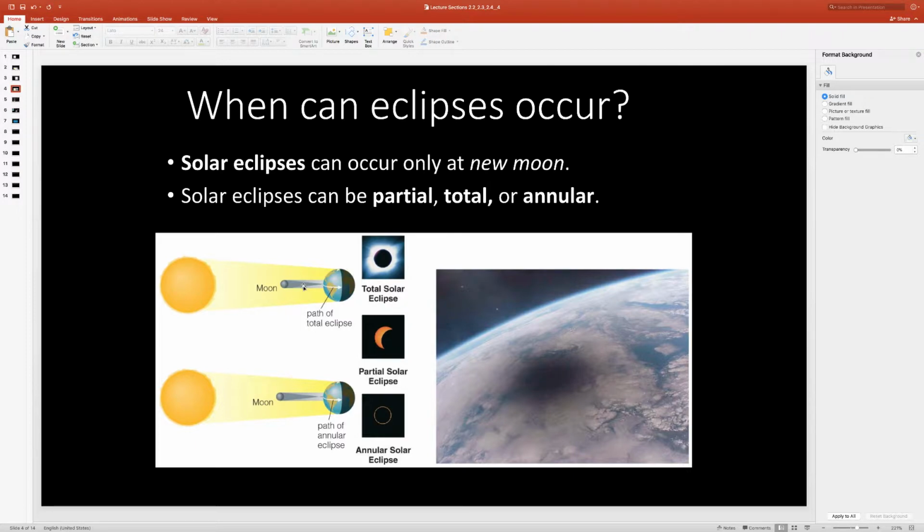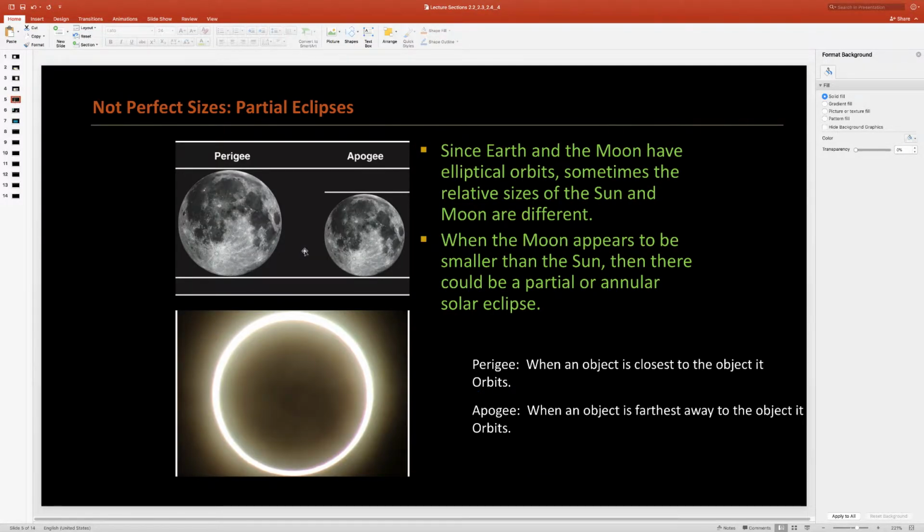Okay, and then there's something called the annular eclipse. So notice here the moon is not covering the whole image of the sun. I just said they were the same angular size. So what's up with that? Well, it turns out they're not always the same angular size. If you read your book, you might remember that when something is closest to the object that it orbits, we call that perigee, and apogee when it's farthest away from the object that it orbits.